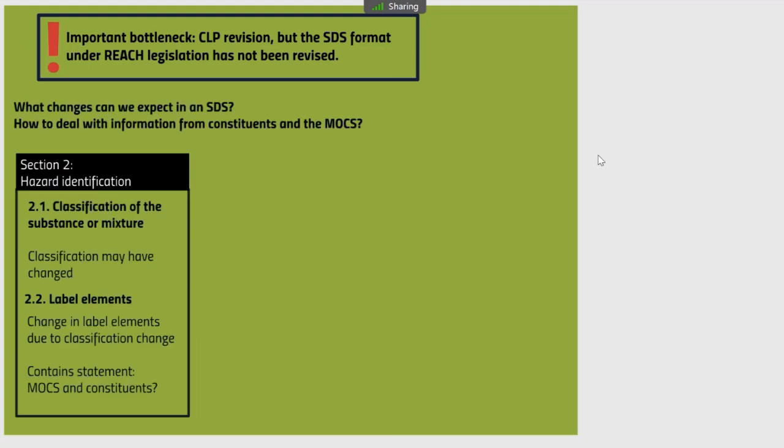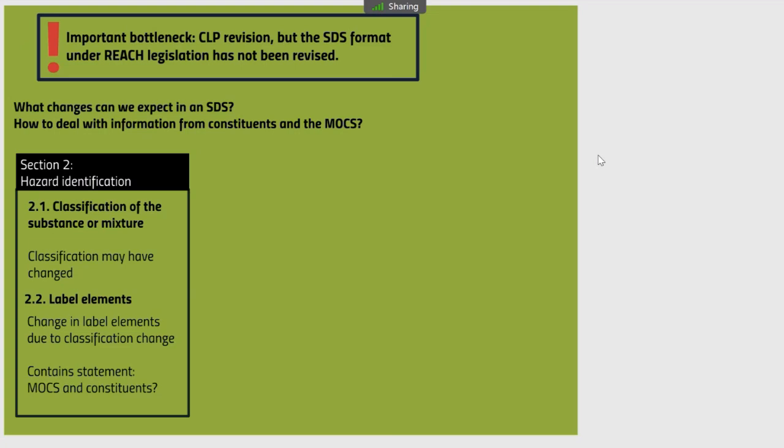If you look at section 2, for example, one of the more clear changes that we will see is that the classification can change, as I just explained in the example. But for the label elements, it could be questioned if the contained sentence should only mention the MOCS, or should it mention the MOCS and the constituents?